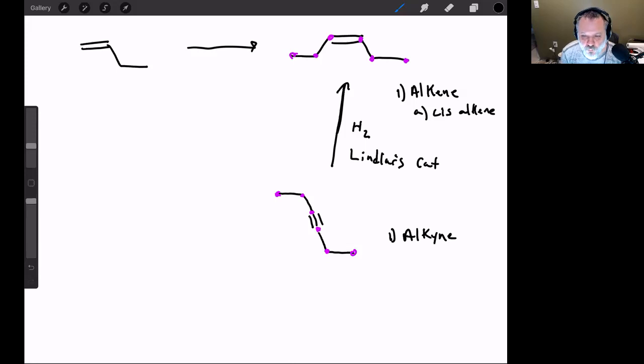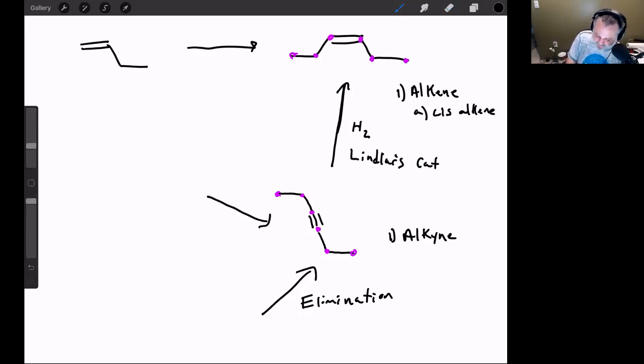Well, at this point, we're thinking about how we make alkynes. I can make alkynes in several different ways. I can do elimination, or I can do carbon-carbon bond formation. It's totally okay to think about all the different possibilities while you're working on these problems.